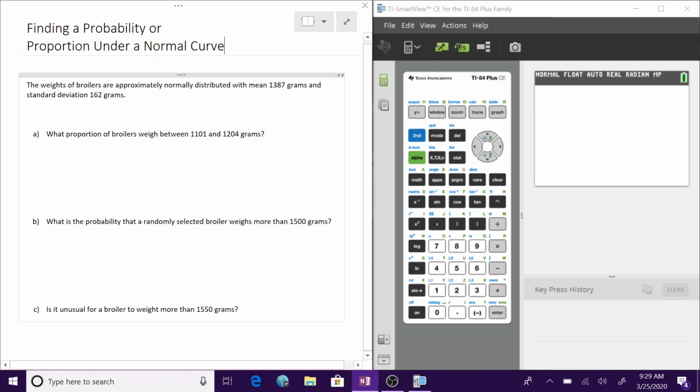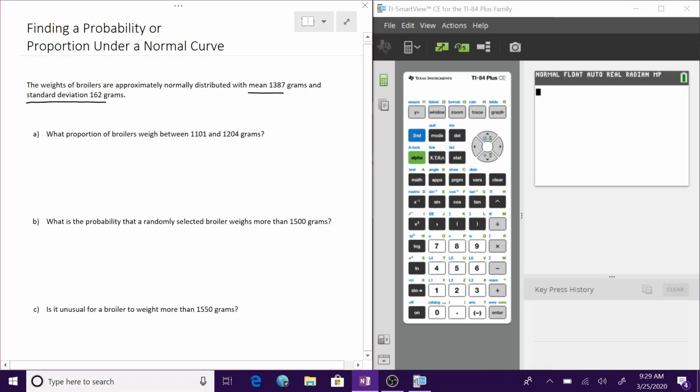Alright, in this video we're going to be finding a probability or a proportion under a normal curve. Now when we talk about a normal curve, we're talking about actually being given our mean value and also given our standard deviation value. From our example, you can see that we're given a mean of 1,387 and a standard deviation of 162.